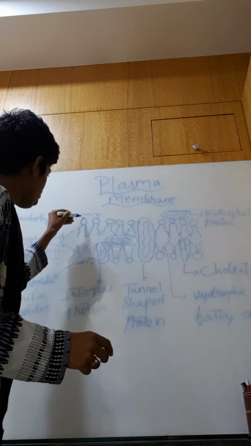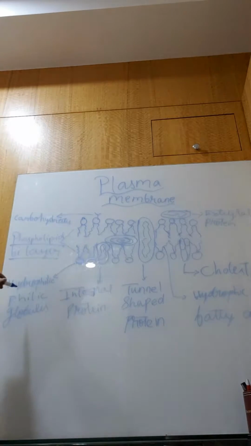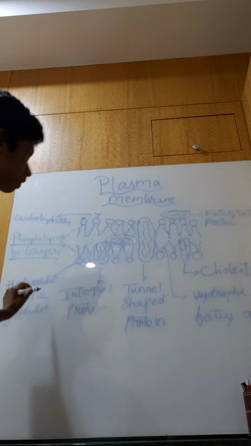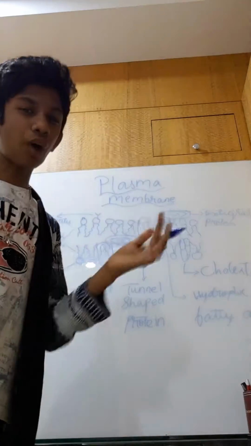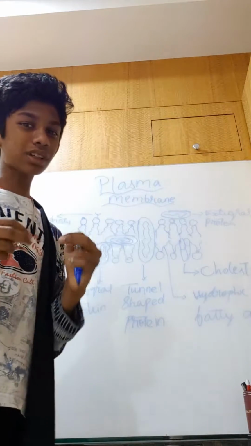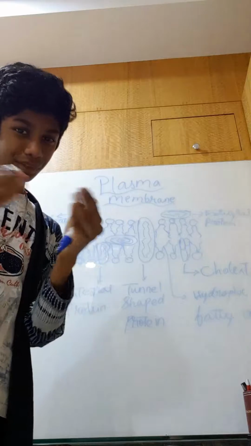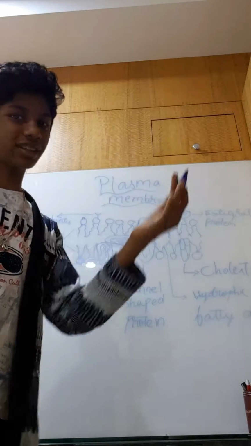These globules are called hydrophilic globules. These are two layers. Hydrophilic means they love water. They take in water and expand. They move with the cell.